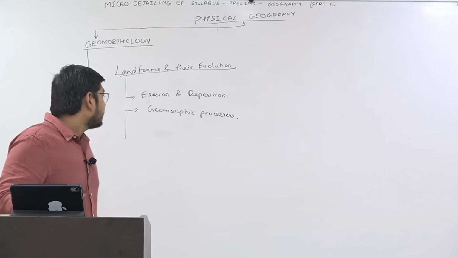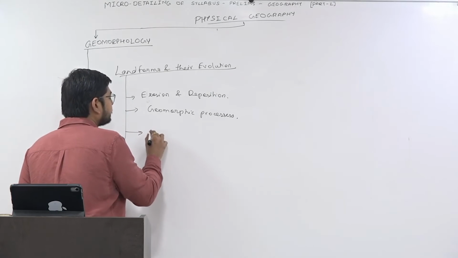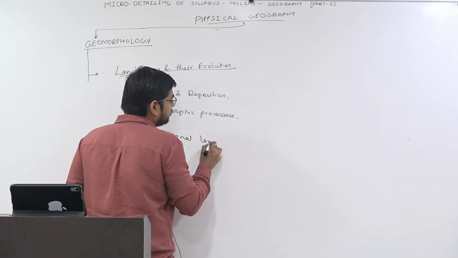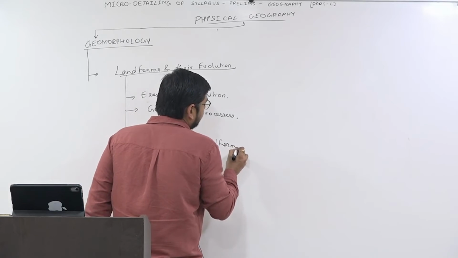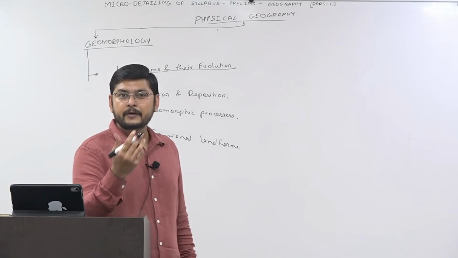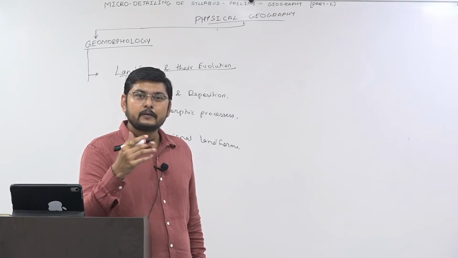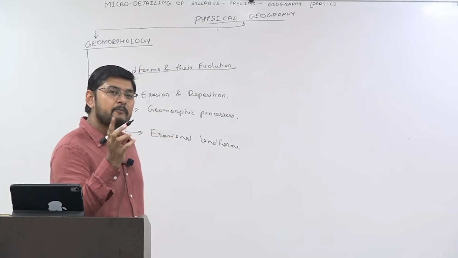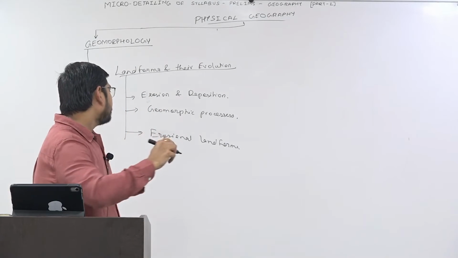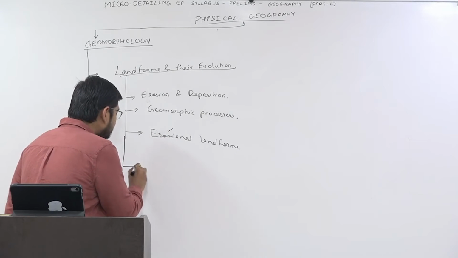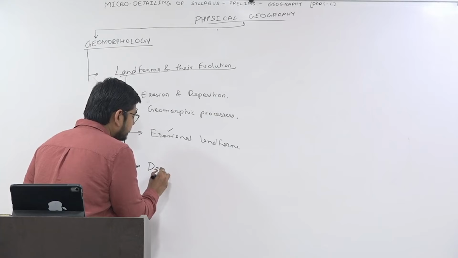What are the erosional landforms? Okay, if I see water in terms of rivers, wind, glaciers, they have both characteristics. They form erosional landforms, they erode the land, and they also form depositional landforms.